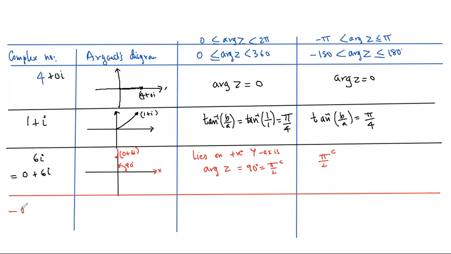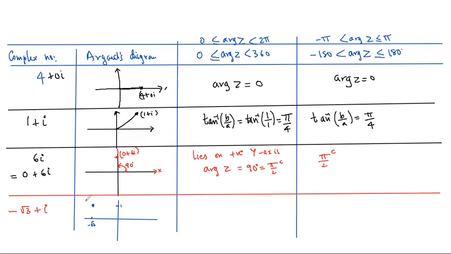Yes, sir. Minus root 3 plus i. x is negative and y is positive. Which quadrant? x is negative and y is positive, so second quadrant.